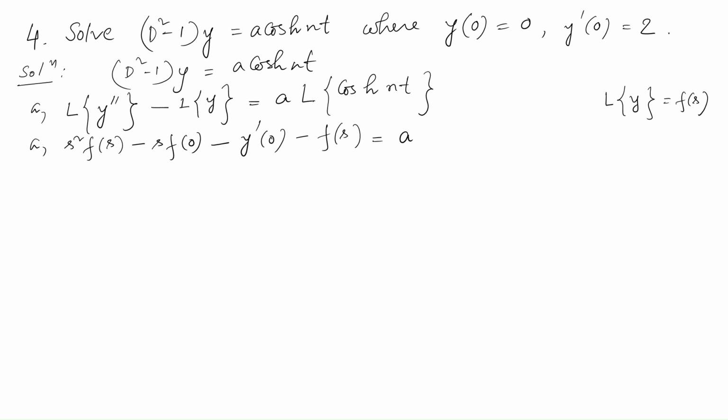In the right hand side, a multiplied by the Laplace transform of cosh nt is s by s square minus n square.